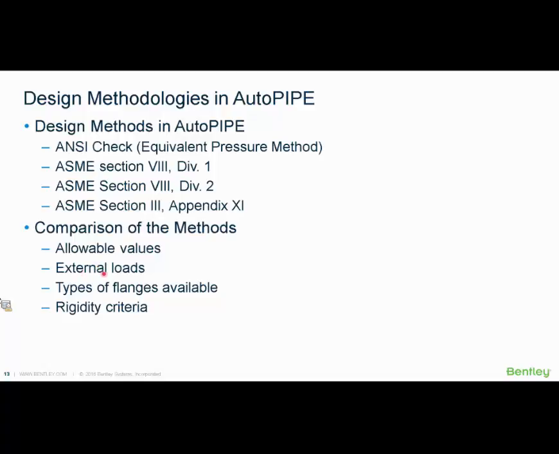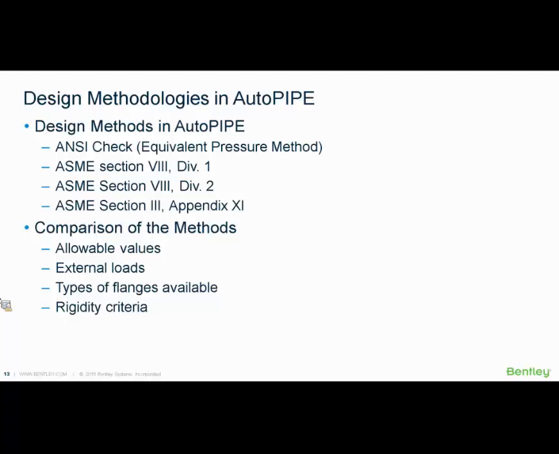So these were the basic two differences between div 1 and div 2, and as we go on to the appendix 11 method, it is again nearly identical to those described in division 1, with some of the flanges not being available: no single or double split ring configuration is available, there are no reverse type flanges, and there is no rigidity criteria being considered.